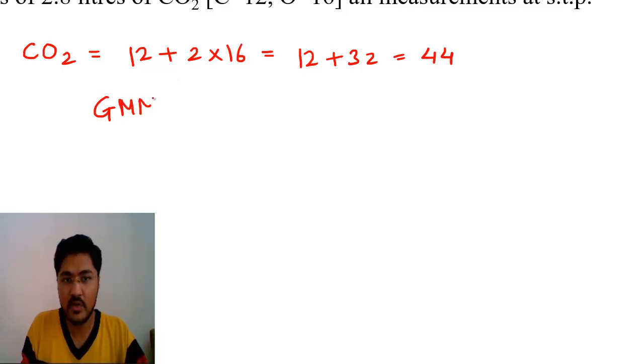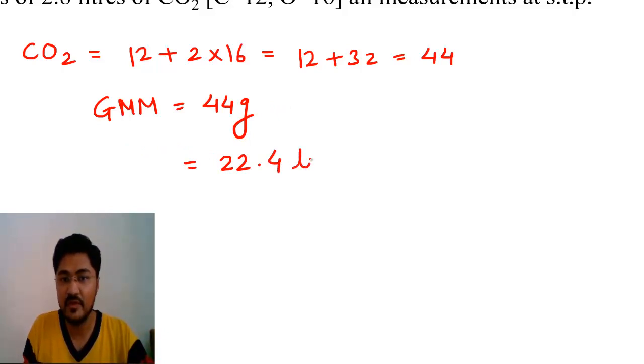So the gram molecular mass will be 44 grams, and as we have already seen, this will occupy 22.4 liters of volume. So the question is, what is the mass occupied by 2.8 liters?